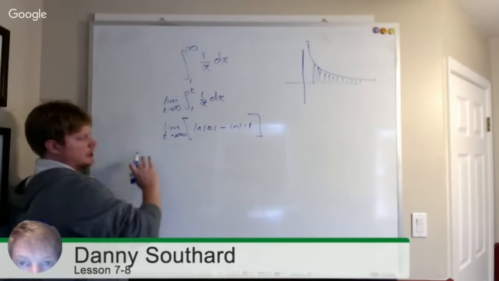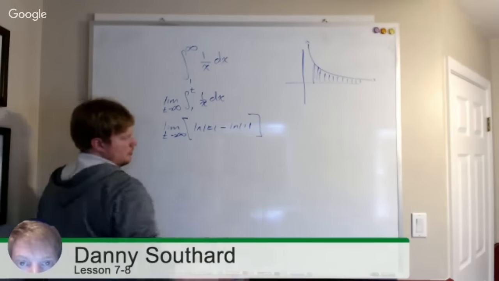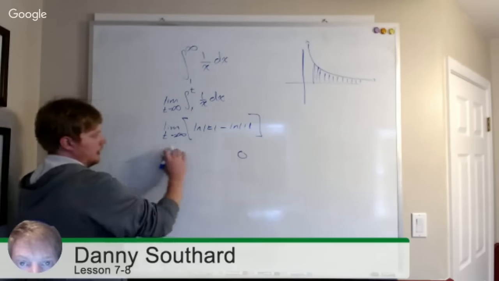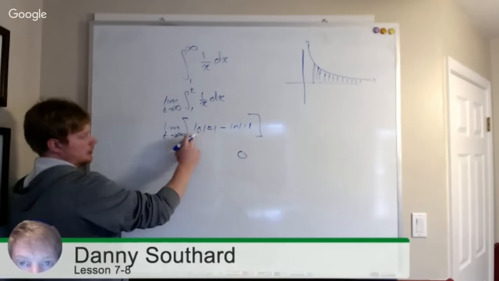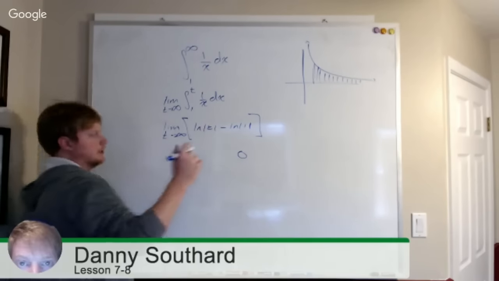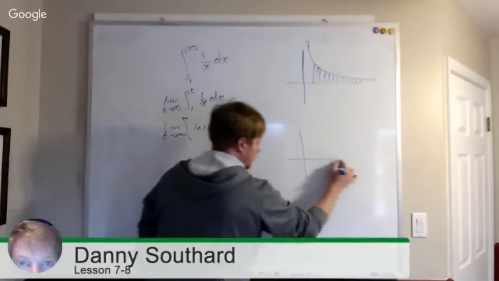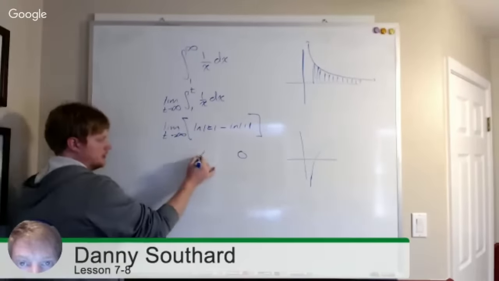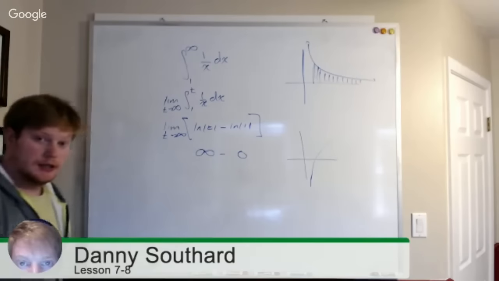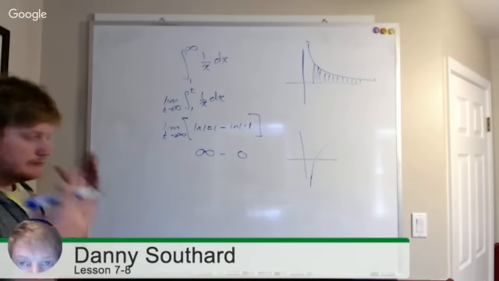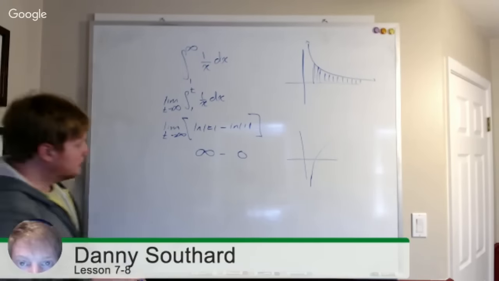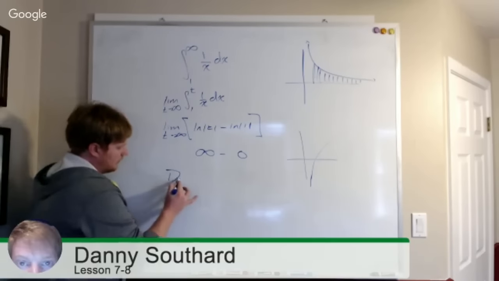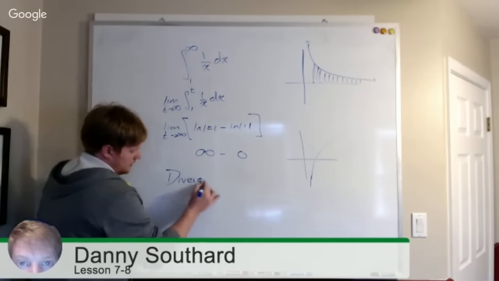Now the limit as t goes to infinity of this, well, the natural log of 1 is 0, and the limit as t goes to infinity of the natural log of t, well, natural log of t looks like this. That goes to infinity. So we get something like infinity minus 0, which is not a number. Okay. So we say that this integral is divergent.